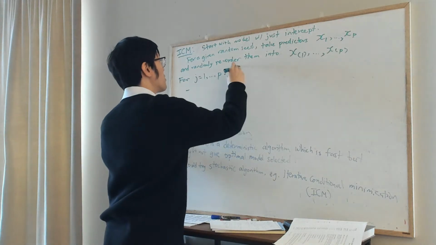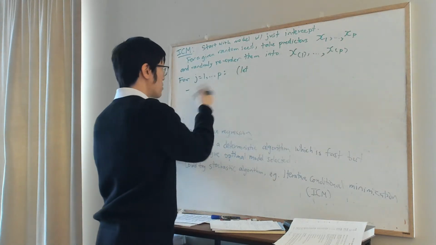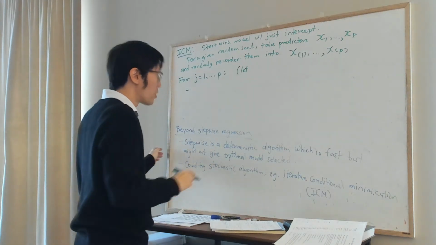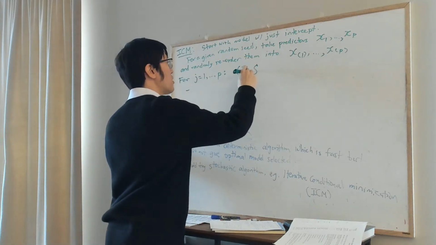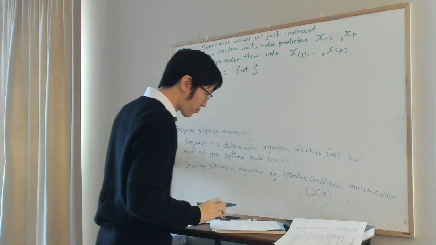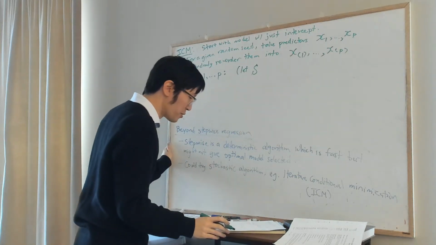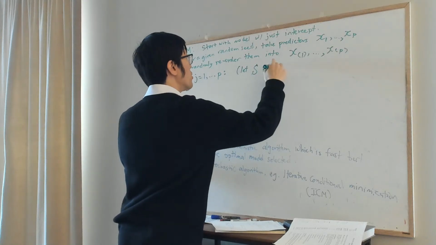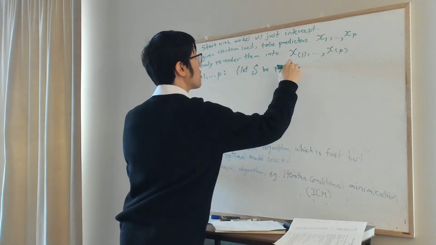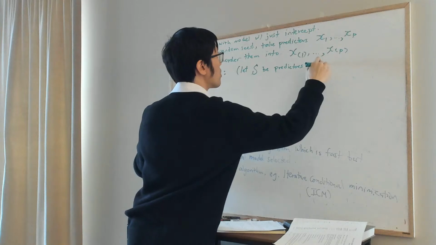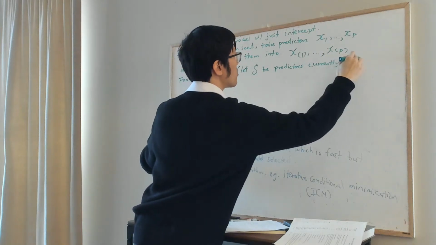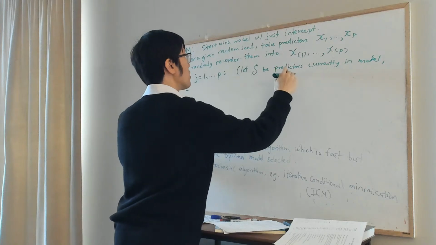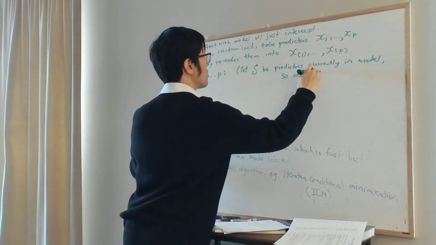To keep the description shorter, let's call S the set of predictors currently in the model. At the start, S is just an empty set.